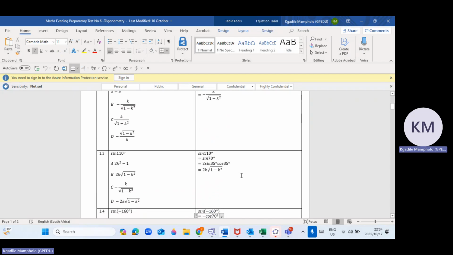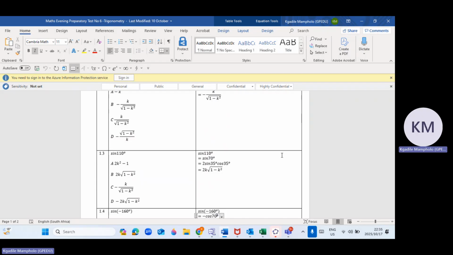And then 1.3. It can be done in two ways, since we know that one of our angles there is 55. We can say sine 110 equals sine of 2 times 55, which is 2 sine 55 cos 55. So sine 55 will be root 1 minus k squared, and cos 55 will be k.